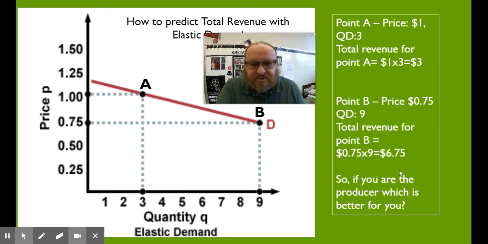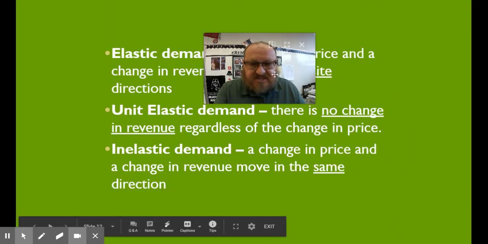So again, if you were the producer, which would you prefer to do? Would you prefer to sell your product at 75 cents per unit, or at $1? Looks like you're going to be making more money if you sell it for 75 cents. This is how businesses make these kinds of decisions.